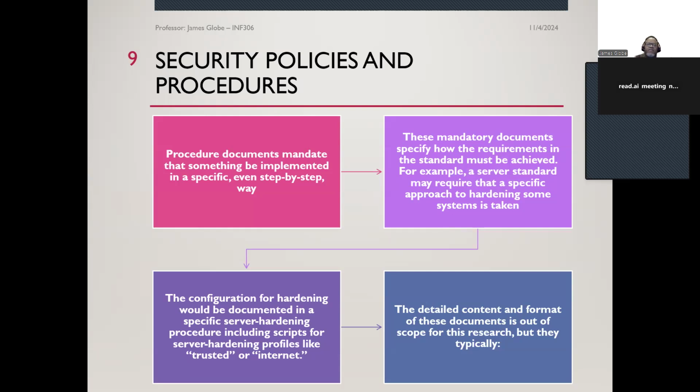For example, a server standard, or even a cloud standard, may make a requirement of how your servers are backed up in the cloud, what type of cloud storage is used, what type of CPU is used, which could help estimate the cost of that. Configuration for hardening would be documented as a specific procedure. How do you go about disabling and enabling services and ports on an operating system?